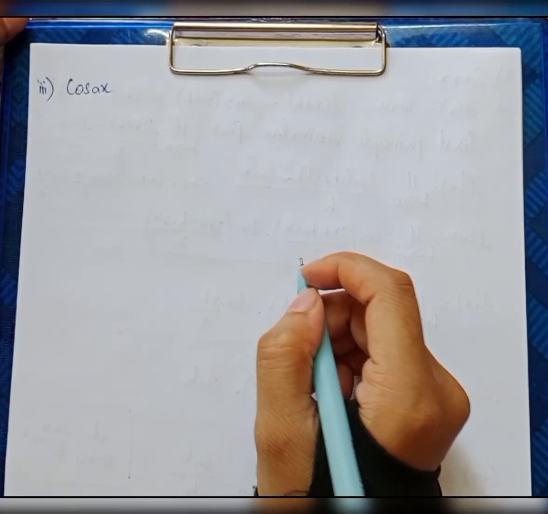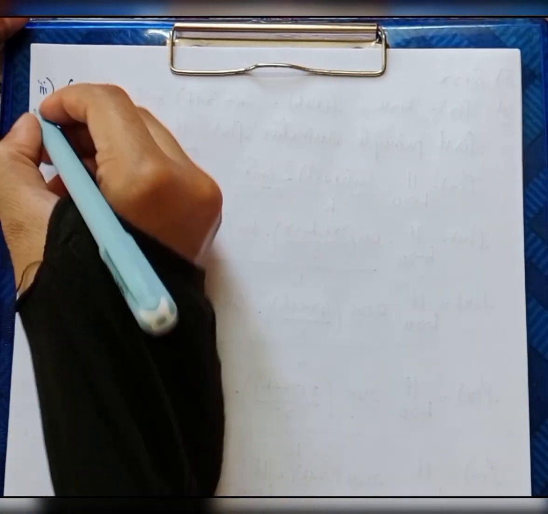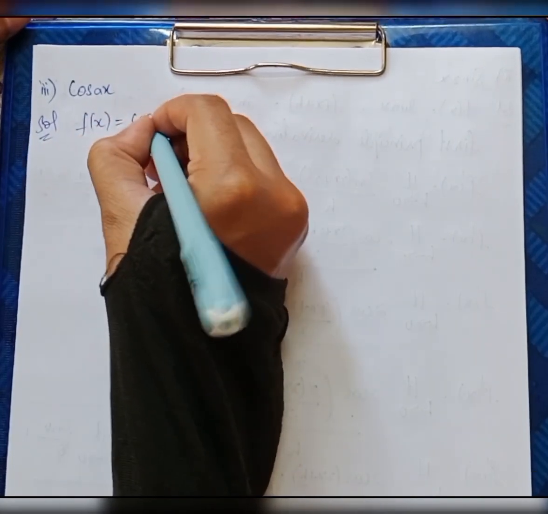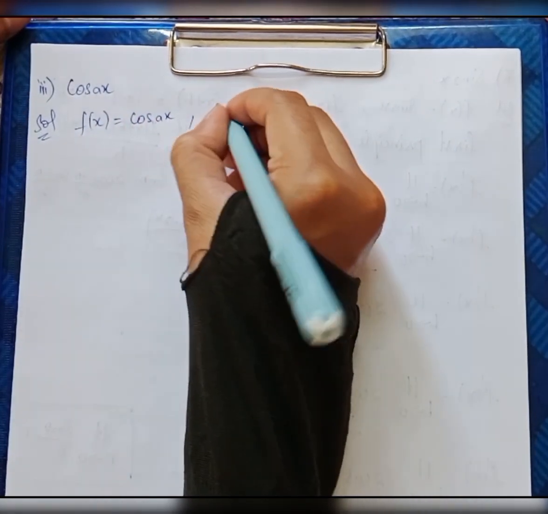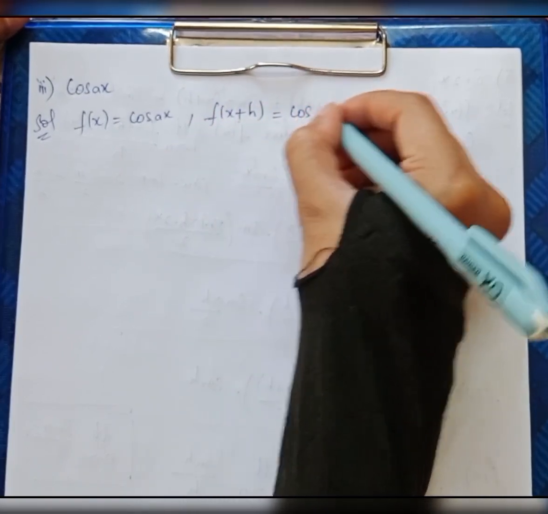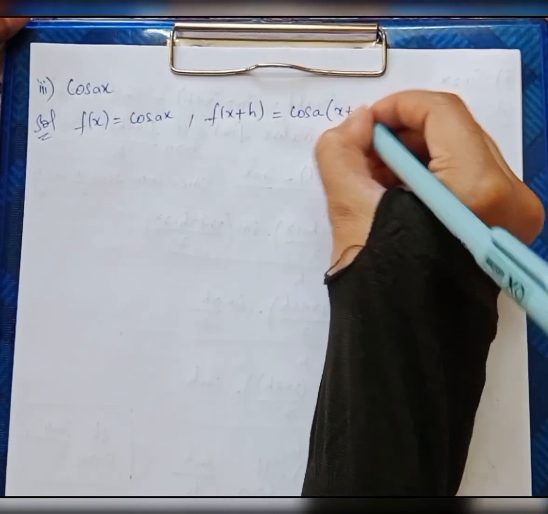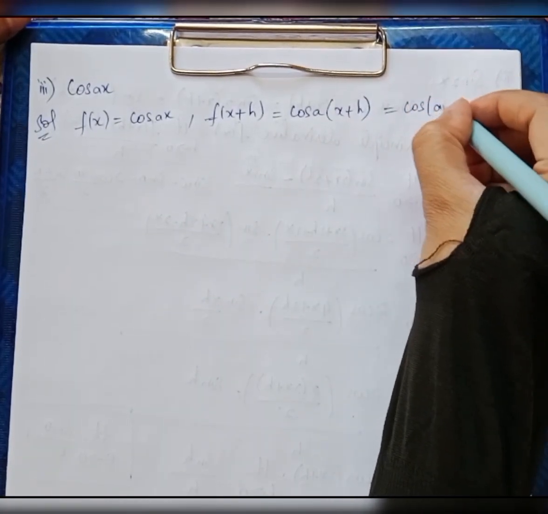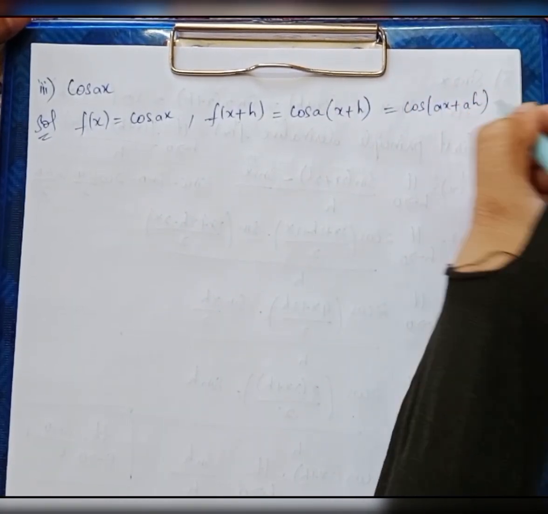Our next function is cos ax. Solution: f(x) equals cos ax, f(x + h) equals cos a(x + h). Multiplying a inside, so it is cos(ax + ah).